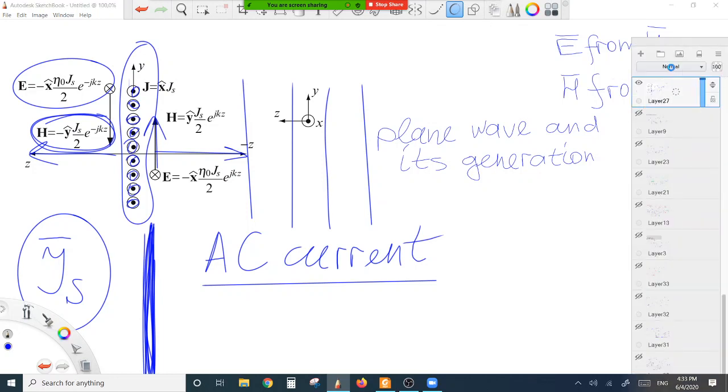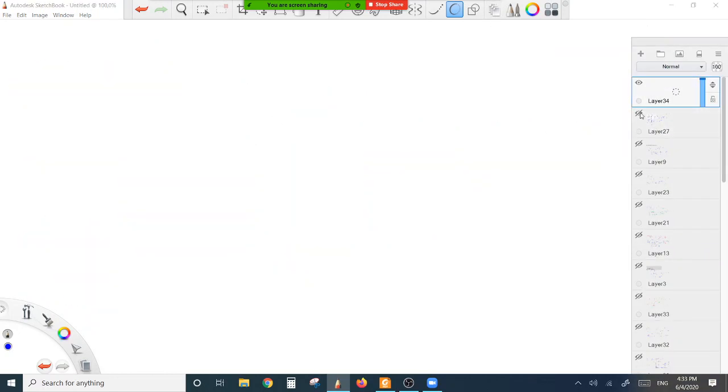Everything that we are considering as plane wave is an approximation.